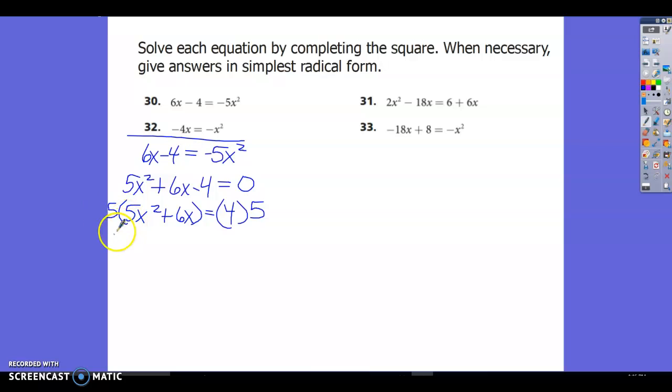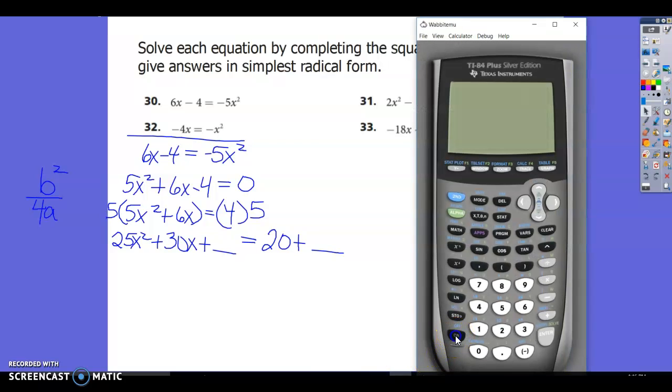So 5 times 5 is 25x squared. 5 times 6 is 30x. Then we're going to have plus blank equals 20 plus blank. All right, so what did I do? I made the first term a perfect square. Now I have to complete the square by doing b squared over 4a. All right, so let's see what that is.